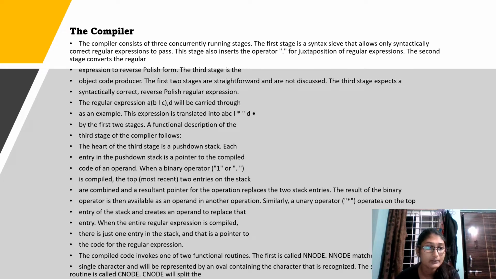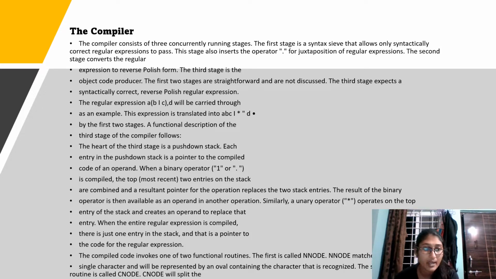The heart of the third stage is a pushdown stack. Each entry of the pushdown stack is a pointer to the compiled code of an operand. When a binary operator is compiled, the topmost two entries on the stack are combined, and the resultant pointer for the operation replaces the two stack entries.